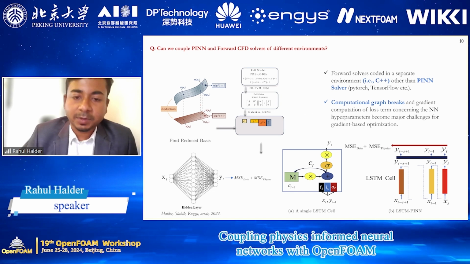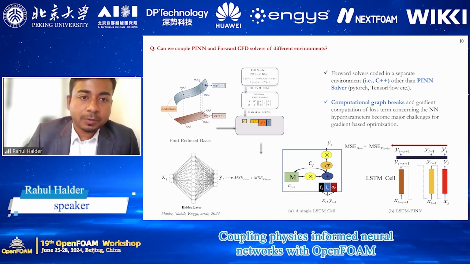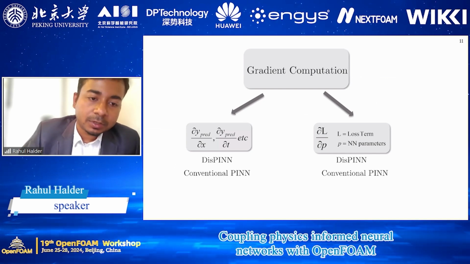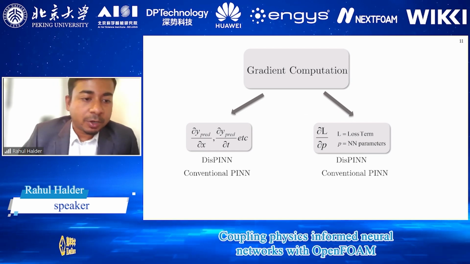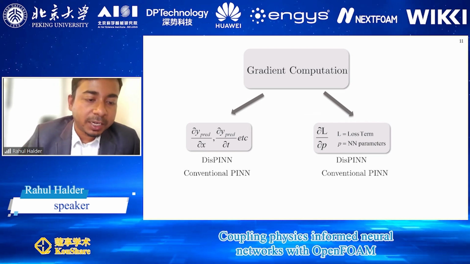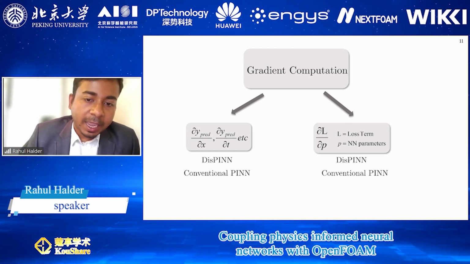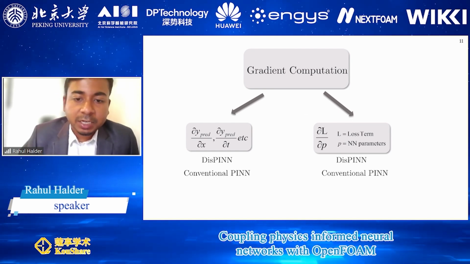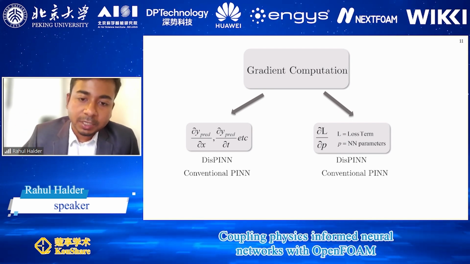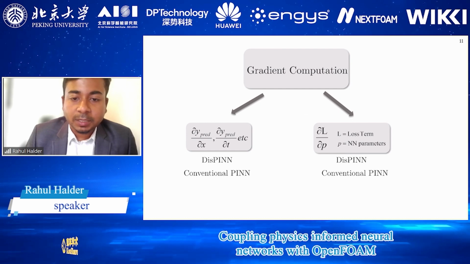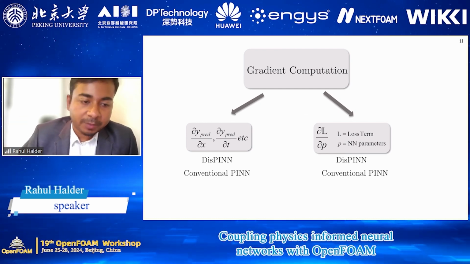That creates a challenge for gradient-based optimization. So what do I mean by that? In PINN, as you know, we need to compute gradients at several layers. First, you have to compute the gradients while computing the spatial and temporal derivatives. In the other direction, in the backpropagation algorithm, we need to compute the gradient of the loss term with respect to the neural network hyperparameters.